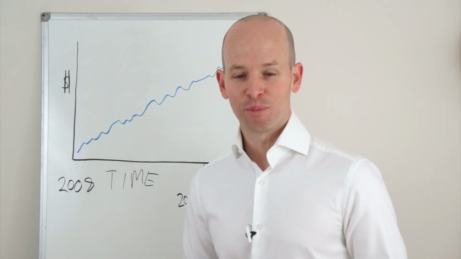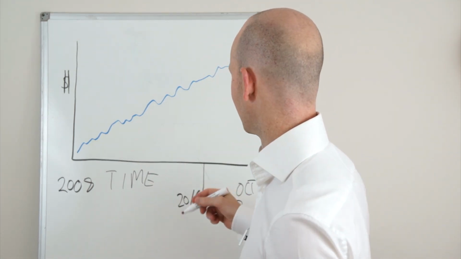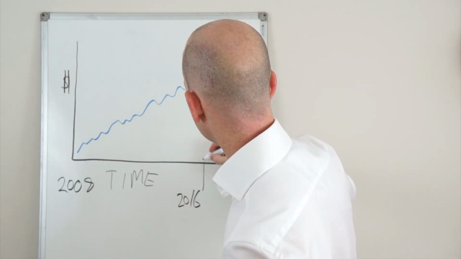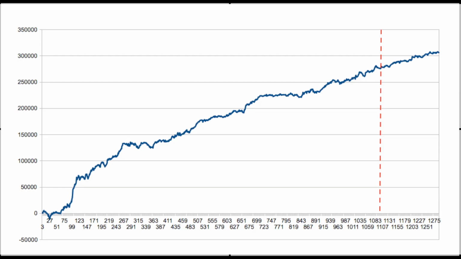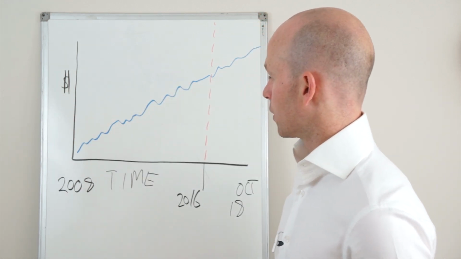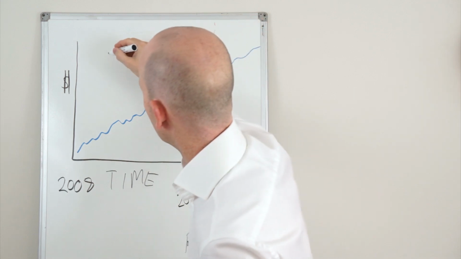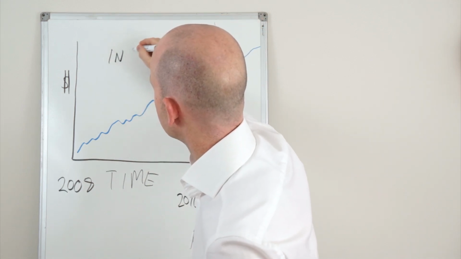Now here's where the important bit comes in. On the image, or I'll draw it on the chart now, you'll see a red line, something like that. Everything this side of the red line, from 2008 to 2016, is what we call in sample.